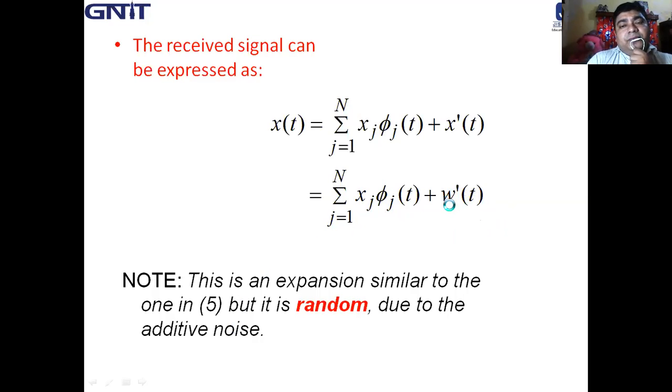Whereas in the first expression, that is si(t) equal to the summation of sij phi j(t), it was a predictable nature, a linear combination of N orthonormal basis functions, and not random, because in that equation noise is not added. But here the signal is added with noise, so the nature of the channel is stochastic due to the addition of channel noise.